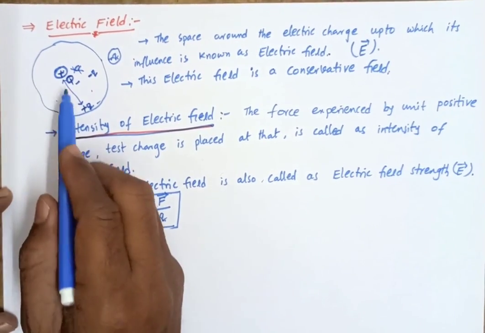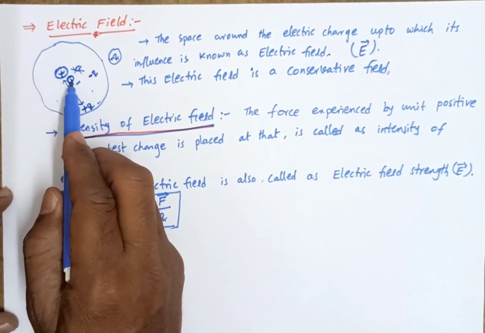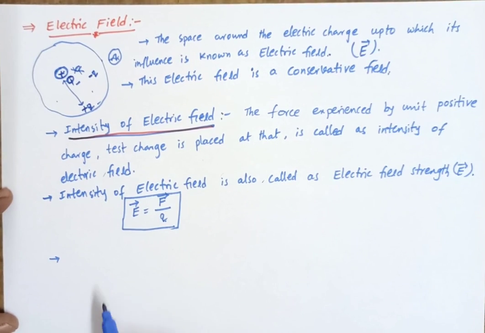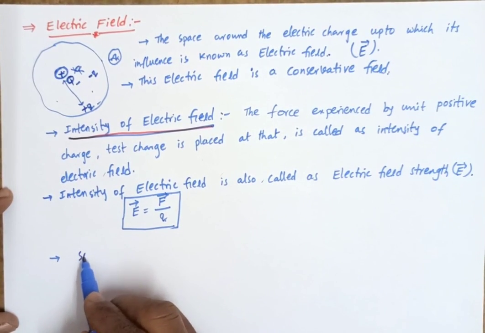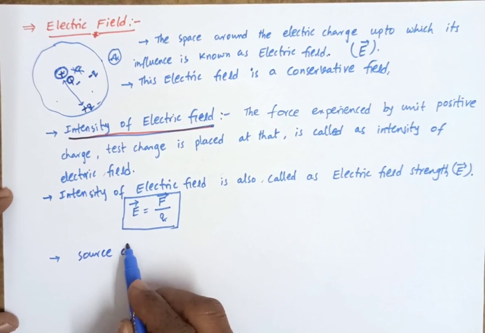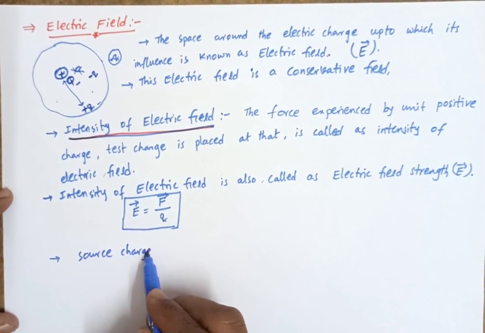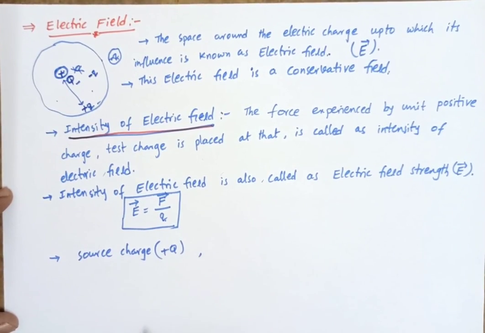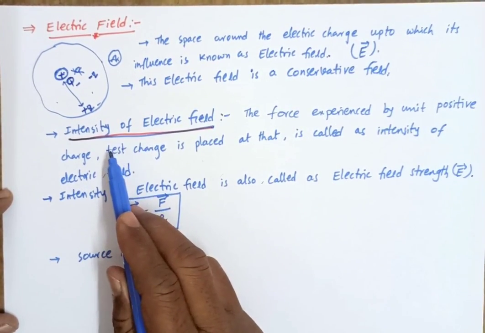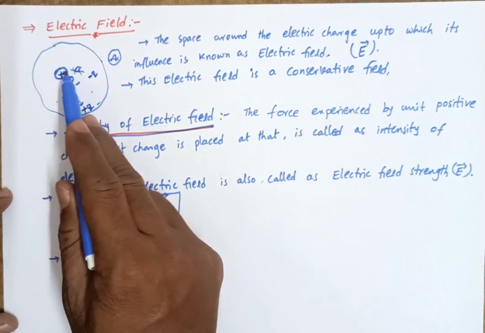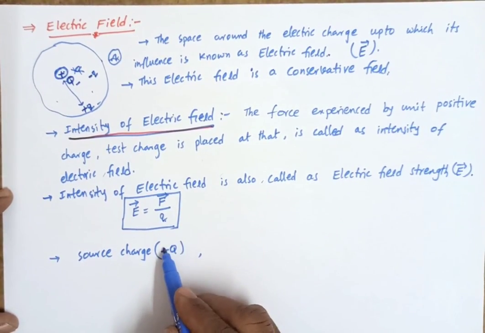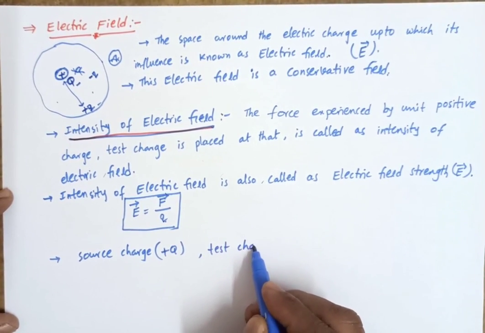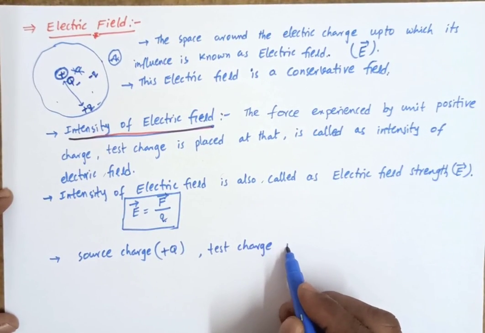We consider a positive charge capital Q that produces a certain electric field. It is called the source charge. Here the source charge is plus Q. The unit charge influenced by the source charge is called the test charge. Test charge is small q.